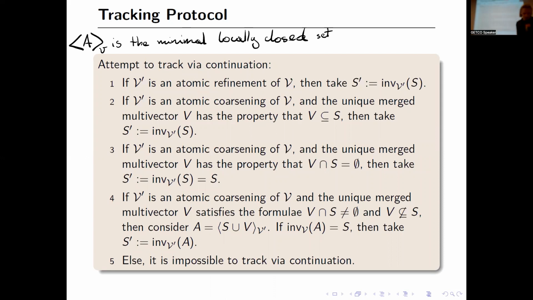Sorry for this leftover. Okay, and we call this the tracking protocol. These are exactly the instructions that you have to follow to get the natural successors of your isolated invariant sets when the multivector field is changing by atomic rearrangements.